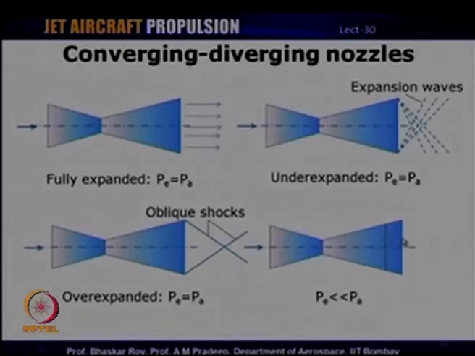We know there is an increase in static pressure across the normal shock, so the exit pressure finally becomes equal to that of the ambient pressure, but that is through a normal shock, which obviously means there are going to be losses across such a nozzle geometry. So, these are different operating conditions of a supersonic nozzle, where depending upon the exit pressure in relation to the ambient pressure, the nozzle may operate under different conditions.